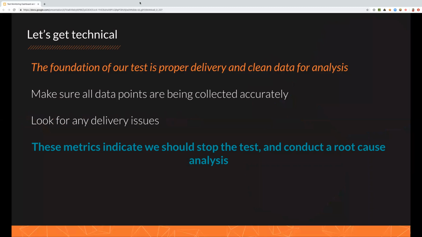And so if we were to see one of these metrics tank and not do well in our monitoring, it would really call for the test to be stopped. And we should be conducting a root cause analysis to understand why the delivery was not going well, because that's going to be important for all your other tests you're running, your program. So these are really important metrics.